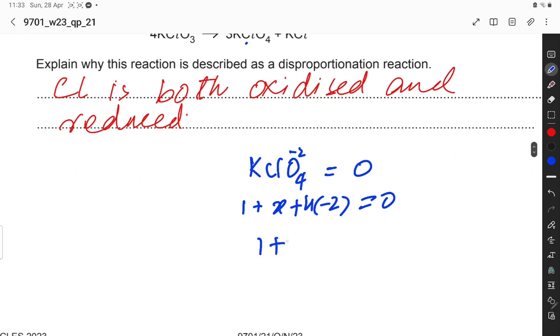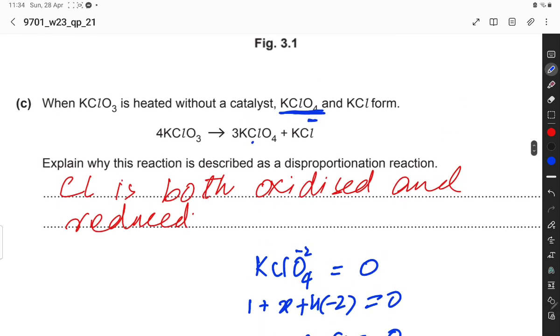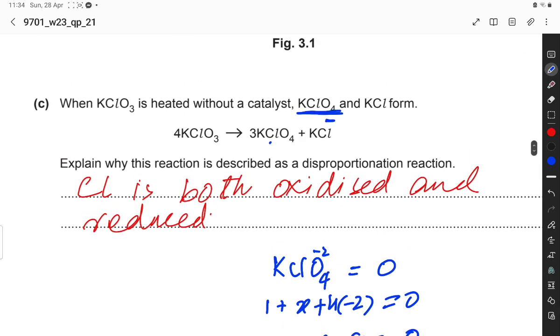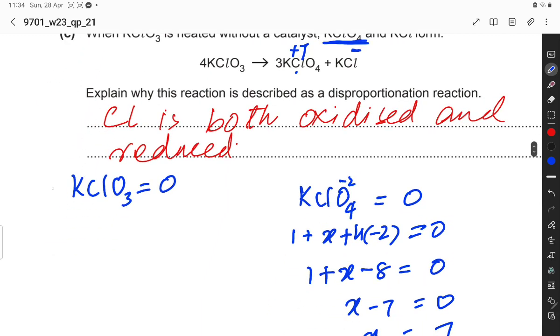So 1 plus X minus 8 is equal to 0, and X minus 7 is equal to 0. So X is equal to 7. So KClO4 has a +7 oxidation state, and KClO3 is equal to 0, because the oxidation state of any compound is equal to 0.